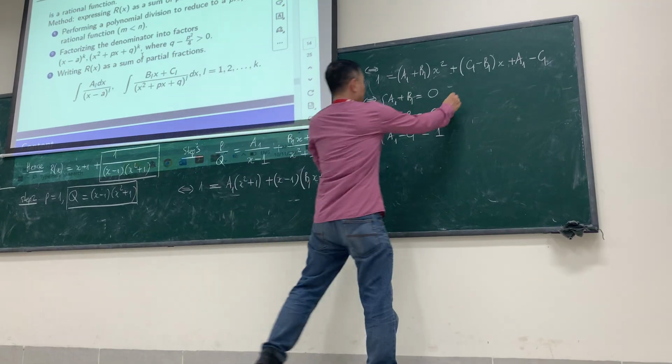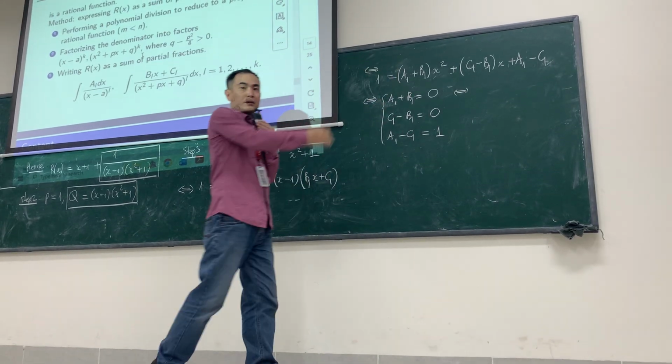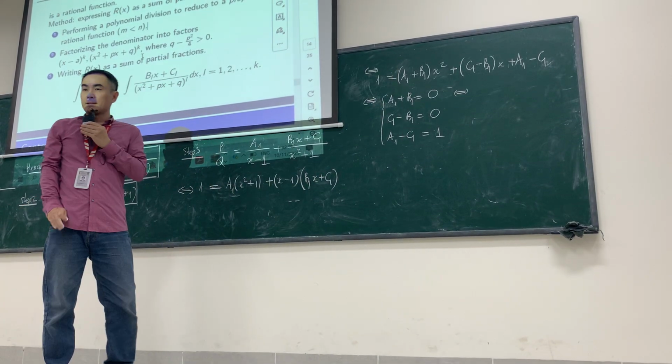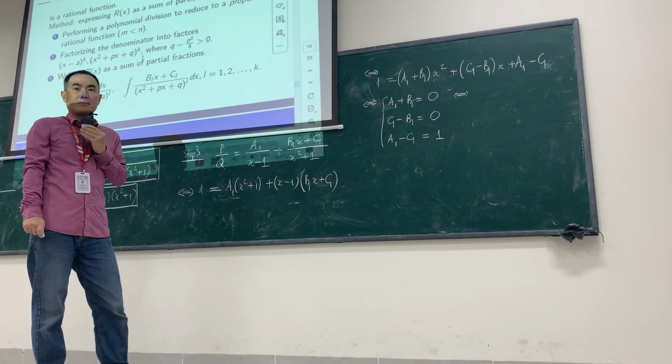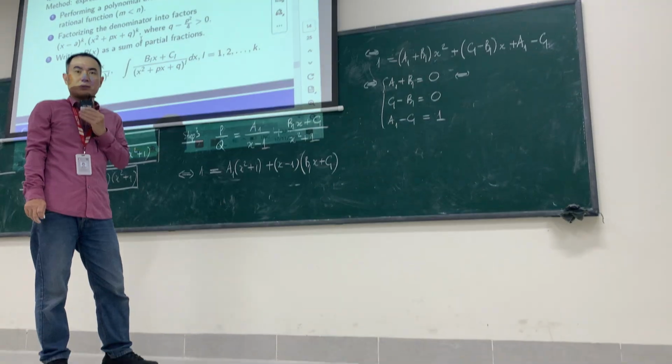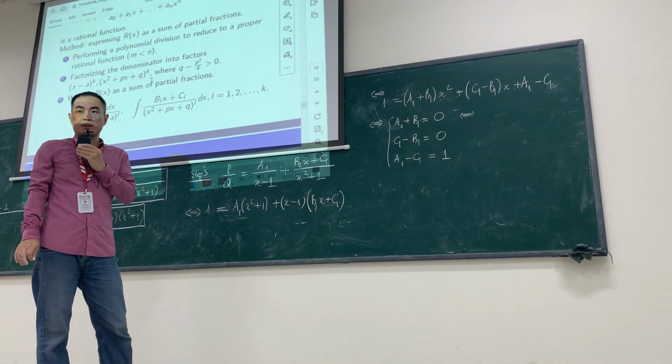Now, have we solved the system? The system of three variables, A1, B1, C1.